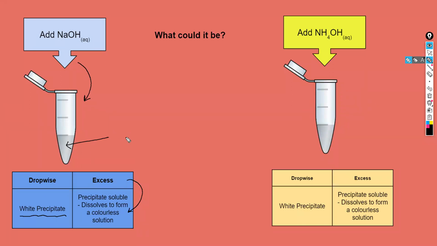It could be Al 3 plus, Zn 2 plus, or lead 2 plus. Go back in your notes and you will see all three of these ions, all three of them give you the exact same result. It's almost like you can't tell definitely which one it is.